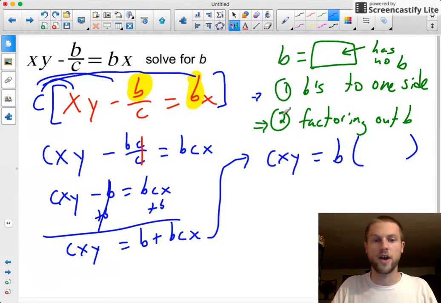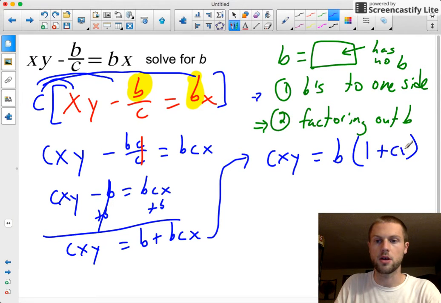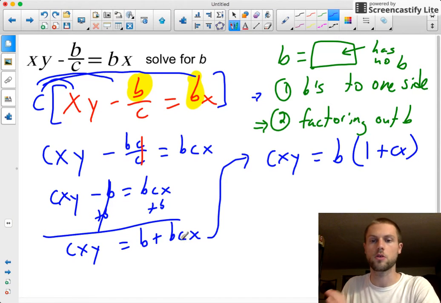It's like a greatest common factor. So when I take a b out of b, I have a 1 left. And when I take a b out of bcx, I have just a cx left. And don't forget, you can check to see if you factored this correctly by redistributing this back in your head. If I were to distribute the b, I would get b plus bcx, and that's what I started with. So we're good.